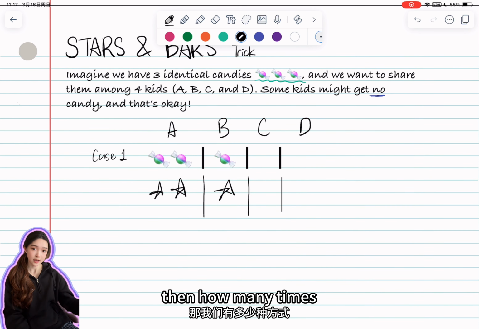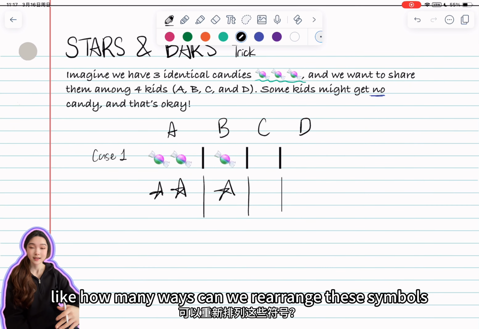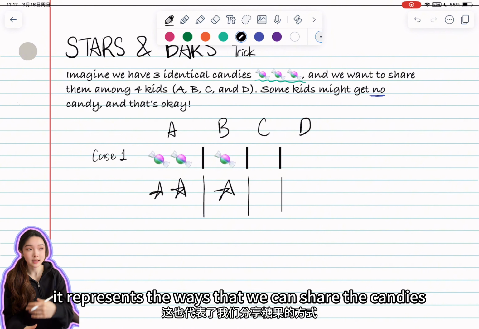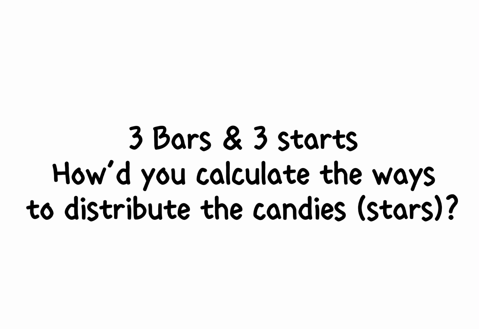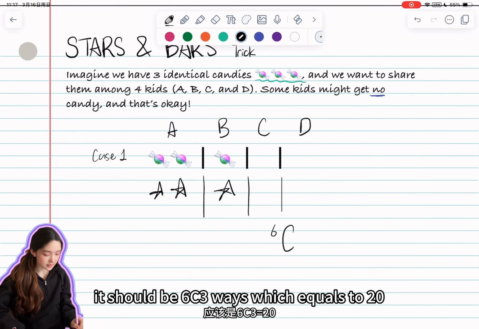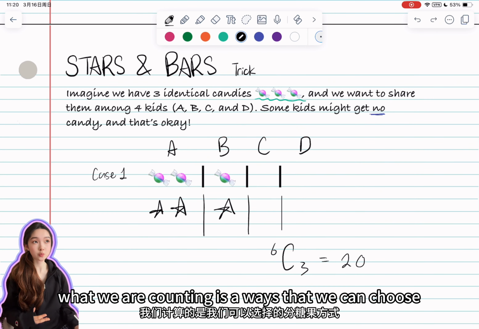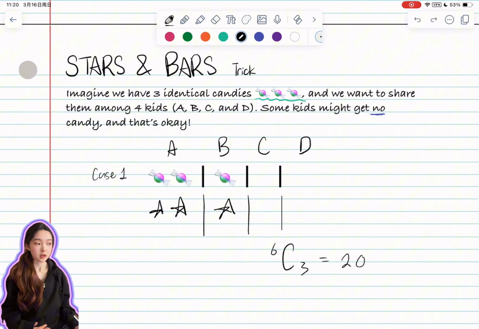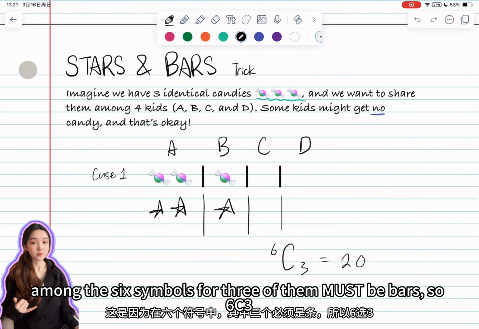Then how many ways can we rearrange these symbols? It represents the ways that we can share the candies. Using counting principles, it should be 6 choose 3, which equals 20. What we are counting is the ways that we can choose among the 6 symbols for 3 of them to be bars.